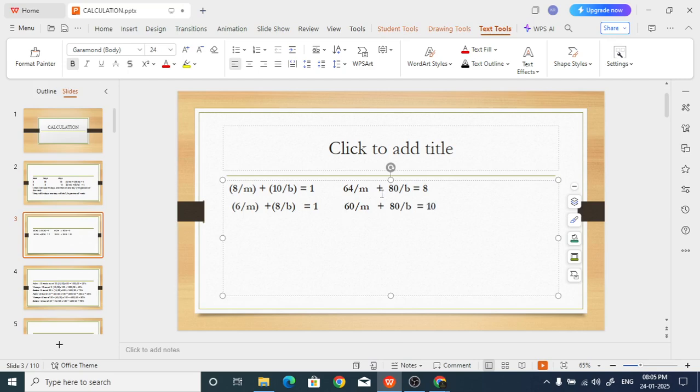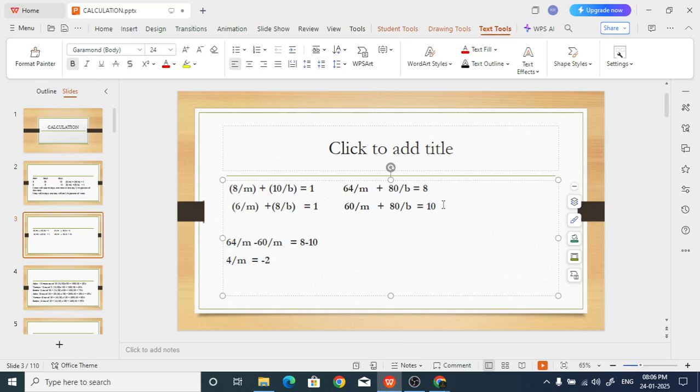So equation 1 minus equation 2 will give you 64 divided by m minus 60 divided by m. 80 by b and 80 by b get cancelled, equal to 8 minus 10. So 4 divided by m is equal to minus 2.